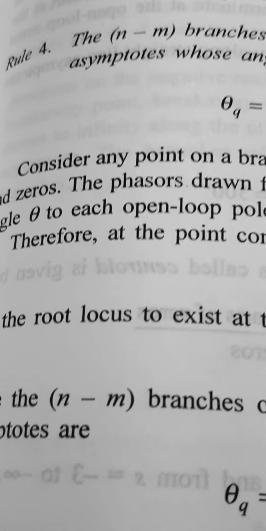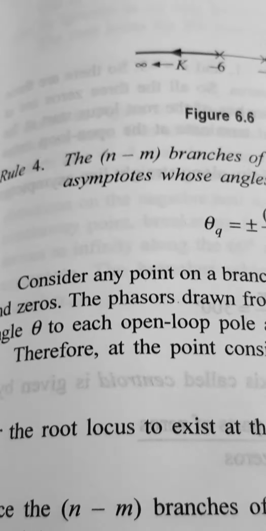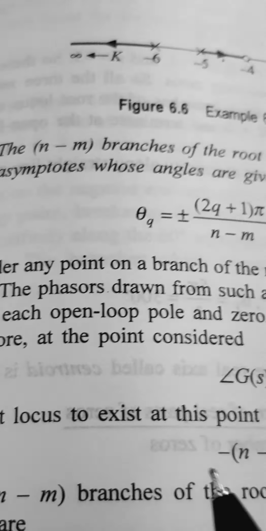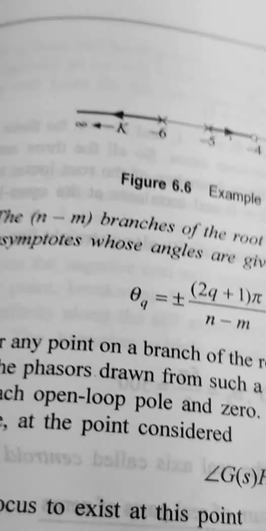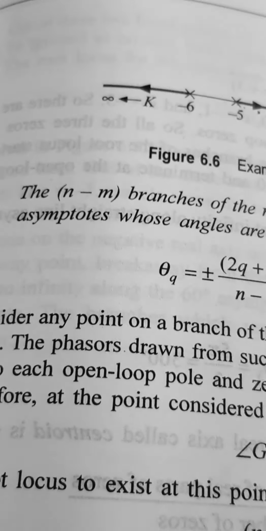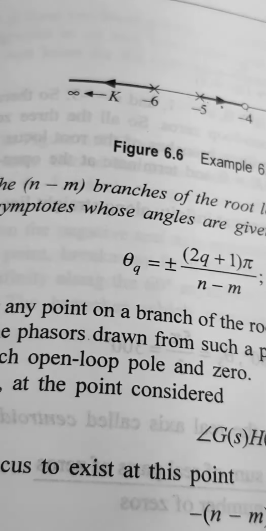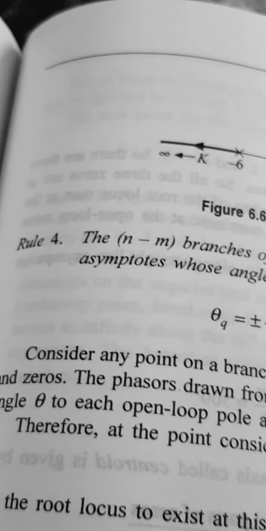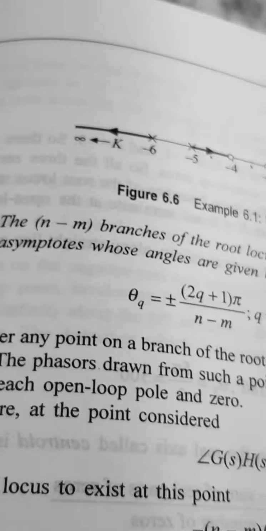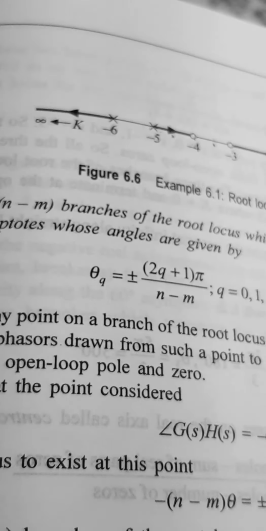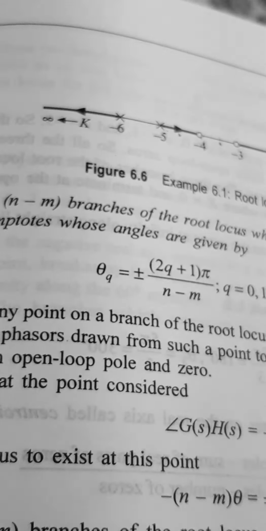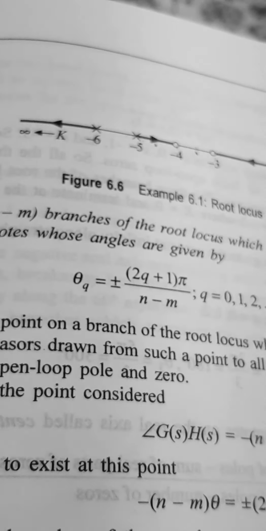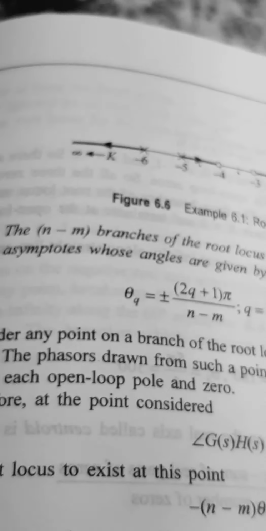Now consider any point on the branch of the root locus which is far away from the open loop poles and zeros. The phasors are drawn from such a point to all the open loop poles and zeros.